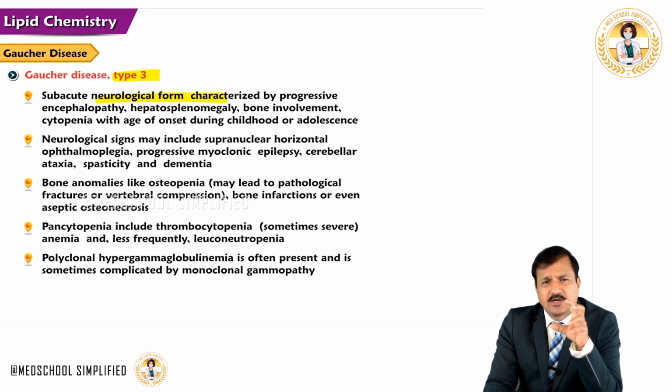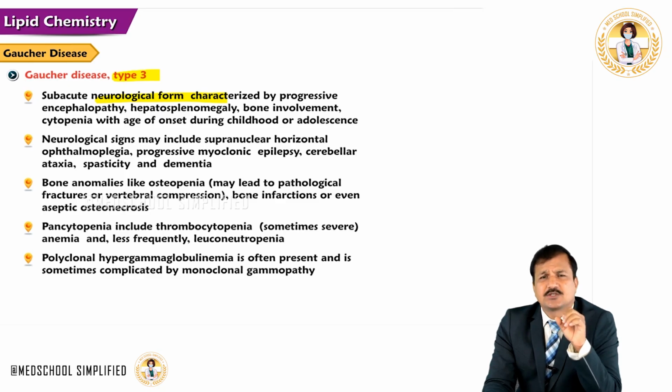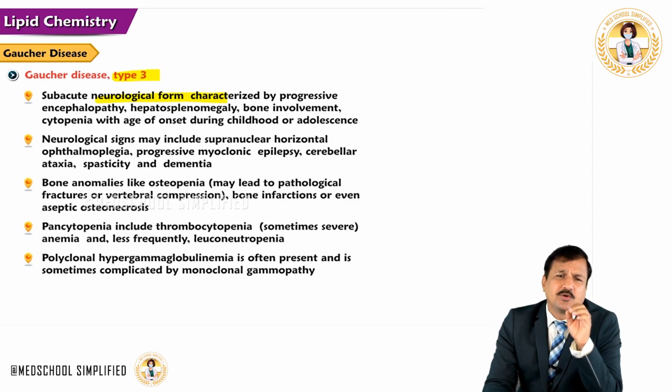Neurological signs may include supranuclear horizontal ophthalmoplegia, progressive myoclonic epilepsy, cerebellar ataxia, spasticity, dementia, and bone anomalies like osteopenia, which may eventually lead to pathological fractures or vertebral compression. Bone infarctions or even aseptic osteonecrosis can be seen in type 3.